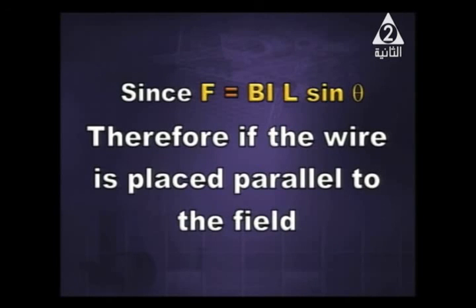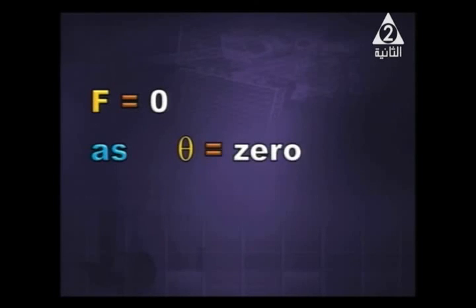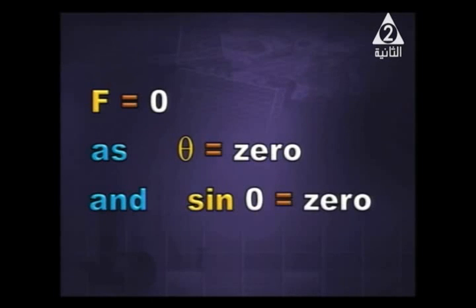Therefore, if the wire is placed parallel, the angle theta is equal to 0, and sine 0 is 0, so force is equal to 0. This explains why the wire will not be acted upon by a magnetic force when it is placed parallel to the field.